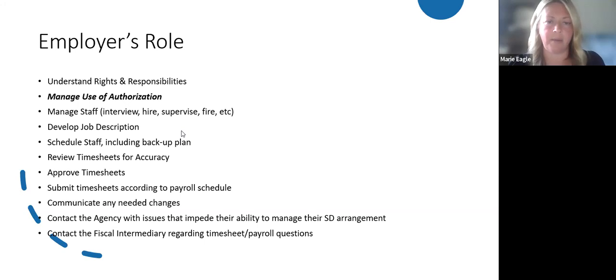And I did see a question about the authorization period being a year. Typically it's a year, right? It's with the plan, but if there is an immediate and temporary need increase, it's totally doable, right?